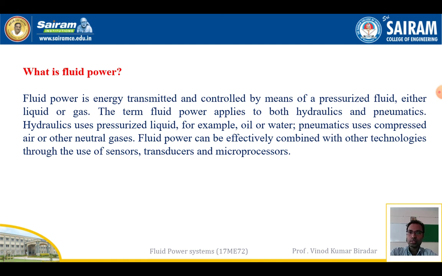Fluid power can be classified into two types, hydraulics and pneumatics. In a hydraulic power system you use a liquid, say water or petroleum oil, whereas in a pneumatic system you use gases to transmit power from one system to another. That is the main difference between hydraulic and pneumatic systems.